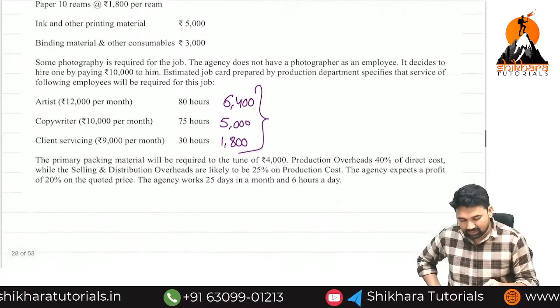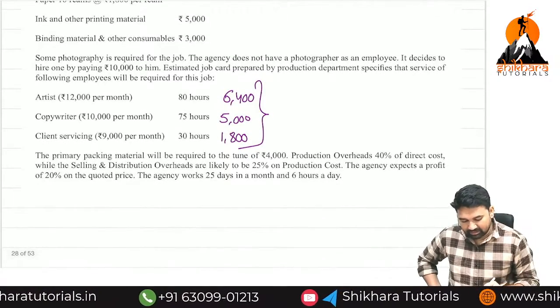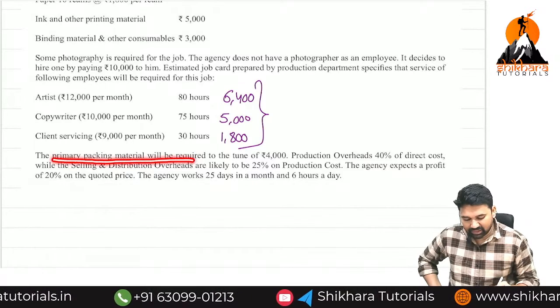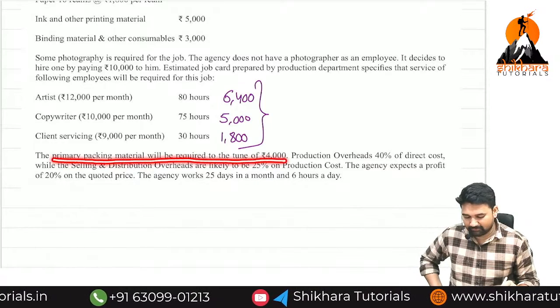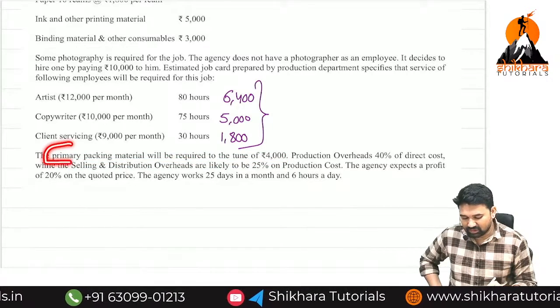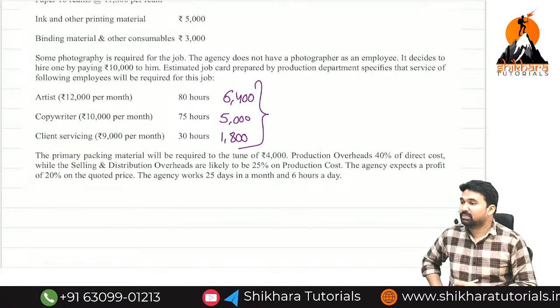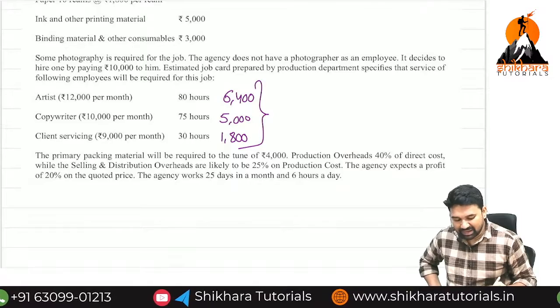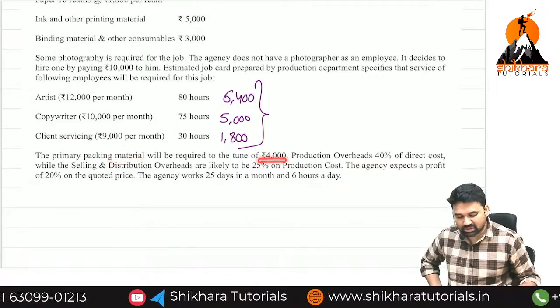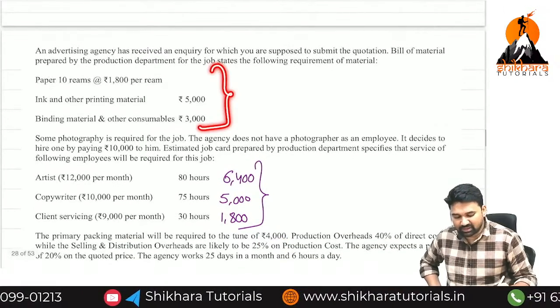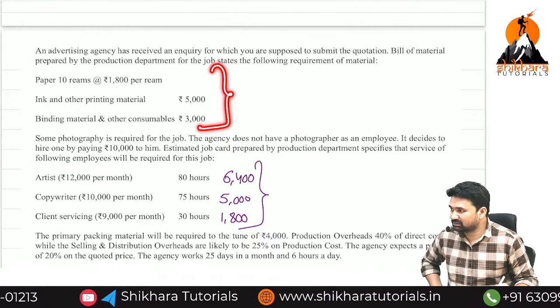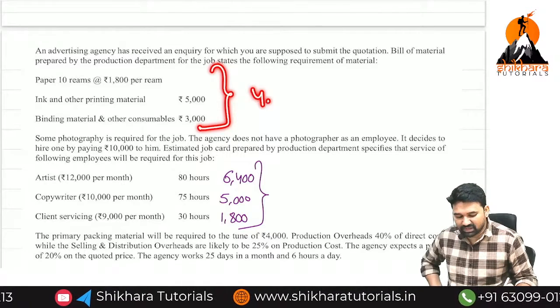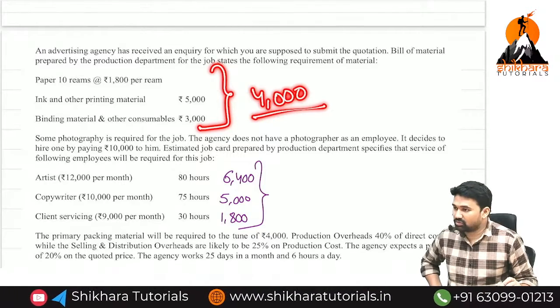And listen, the primary packing material will be required to the tune of 4,000. What packing material? Primary. Primary means direct. So direct material again 4,000. Already we have incurred direct material here, and again we require another 4,000.